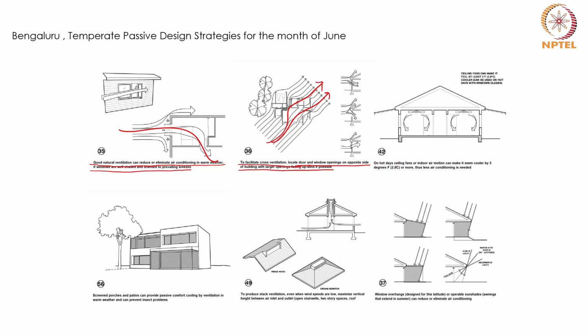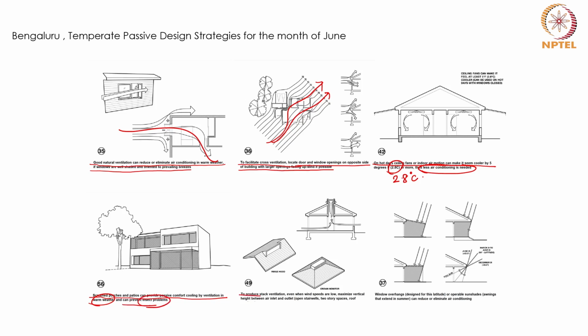Then, on hot days, ceiling fans or indoor air motion can reduce the indoor temperature by at least 2.8 degrees centigrade or more, and this can bring the place either into a comfort zone or it can at least reduce the load on the air conditioner. Screened porches and patios can provide passive comfort cooling by ventilation in warm weather, and it can also prevent insect problems.